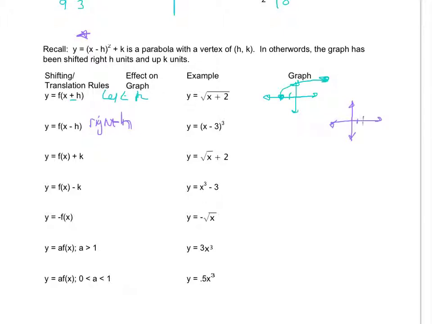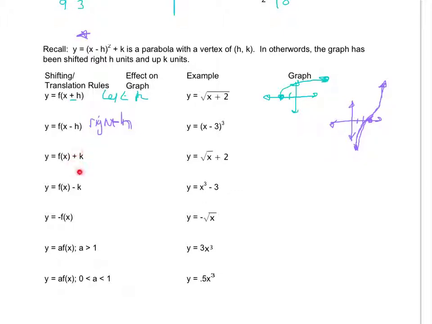So I'm going to go right 1, 2, 3. And I know my cube function looks something like this. I kind of missed my point there a little bit, but it should look something like this. Same general shape, moved right 3. Again, I know I'm subtracting on the inside because my minus 3 is inside of the cube.